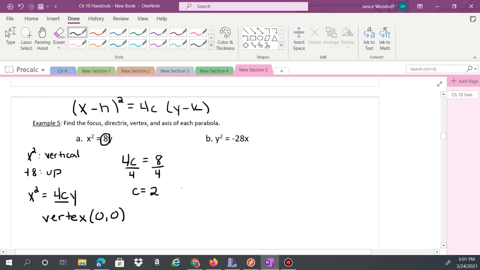There's no H or K there. So we just have the equation that looks like this, which means 0, 0 is that center. Now if there are numbers there, then the center, or the vertex, is different, because in this equation there's no H and no K.